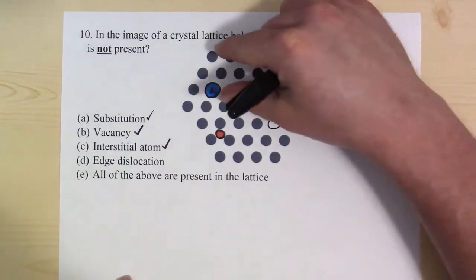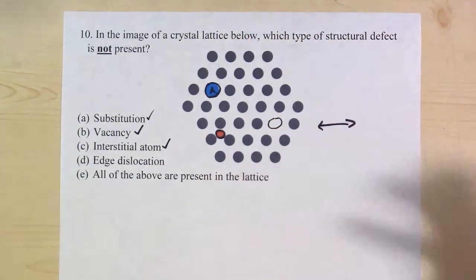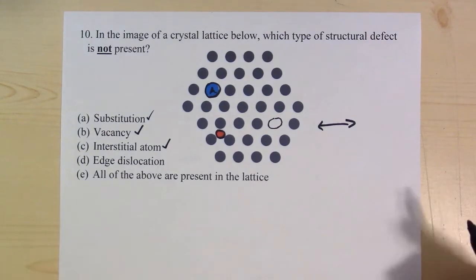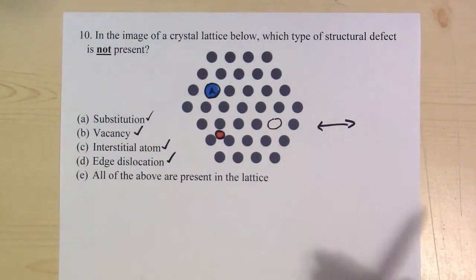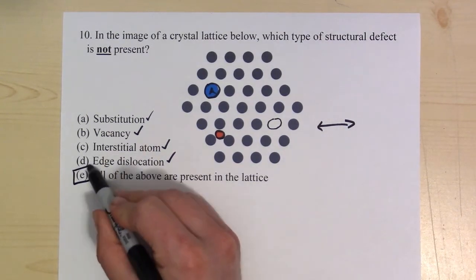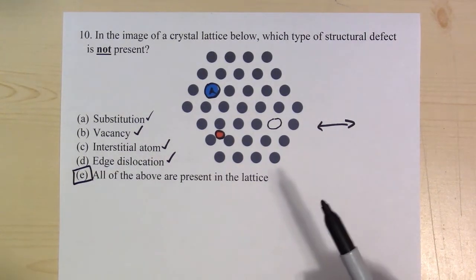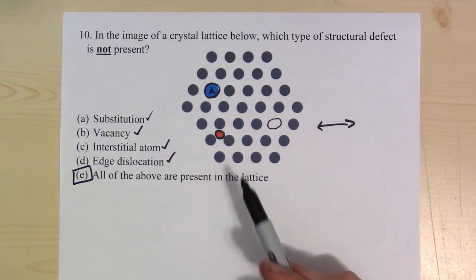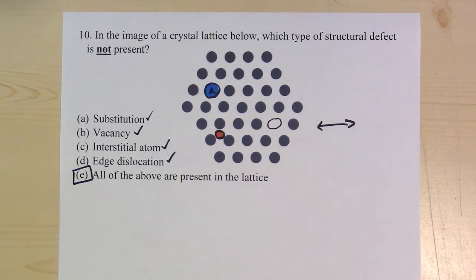This upper portion has slid over, or the bottom portion has slid a little bit relative to the rest of the lattice, so there is an edge dislocation, so that would have to mean the answer is E. All of the structural defects are present in the representation of this lattice that we see here.